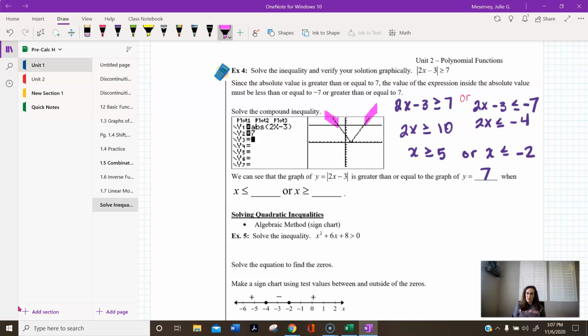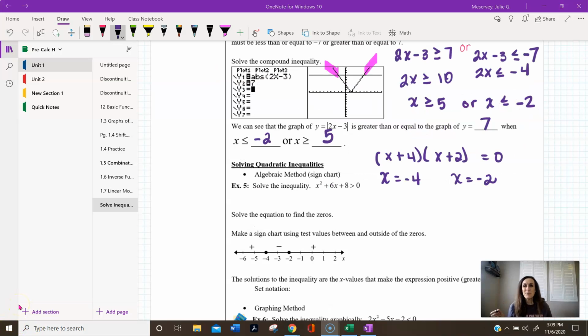That's everywhere greater than or equal to 7. So you can see this value is when x is less than or equal to negative 2, or you can see this part over here when x is greater than or equal to 5.